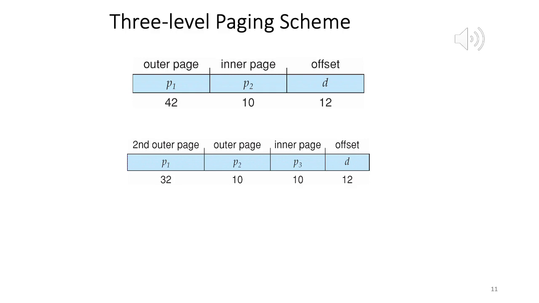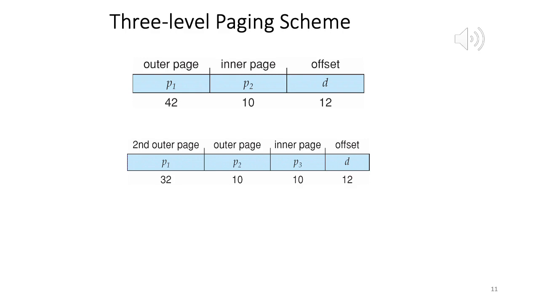Now given a 64-bit address, we first extract 32 bits, look up that entry in the second outer page table, get the starting address of the outer page table, and then use the value of P2 as an index into the outer page table, get the starting address of the inner page table, and then look into the inner page table, use P3, and get the appropriate entry.